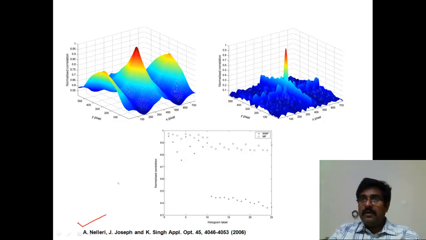So on the whole, digital holography can record and reconstruct three-dimensional object information as digital complex images. Then this information can be used for various applications. One such application is development of a three-dimensional vision system.